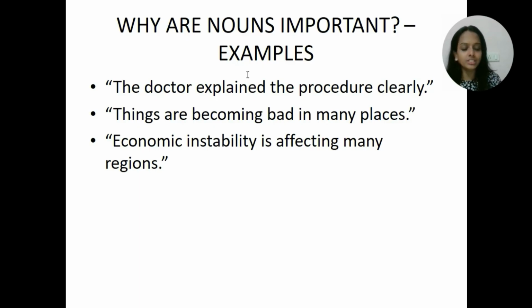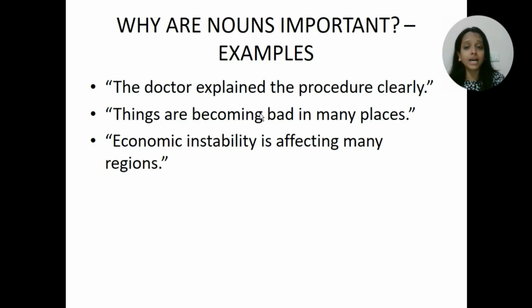And the third one is nouns are essential for building strong writing. If your noun usage is weak, then your writing becomes repetitive, unclear, and immature. But when you use nouns accurately and effectively, your writing becomes more specific and more professional. For instance, you can compare these two things.